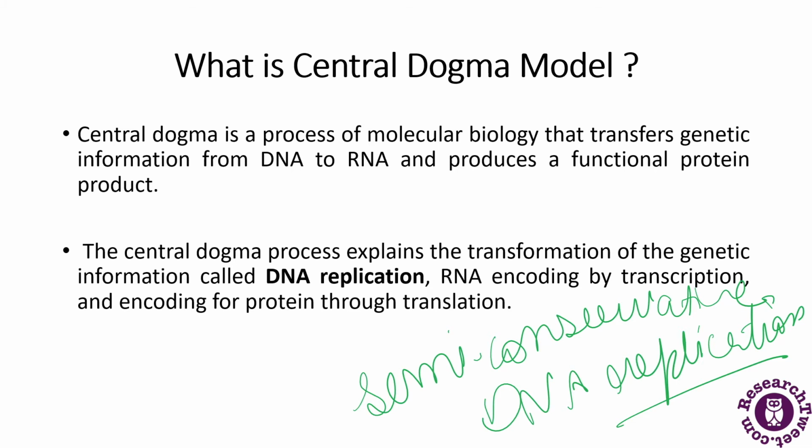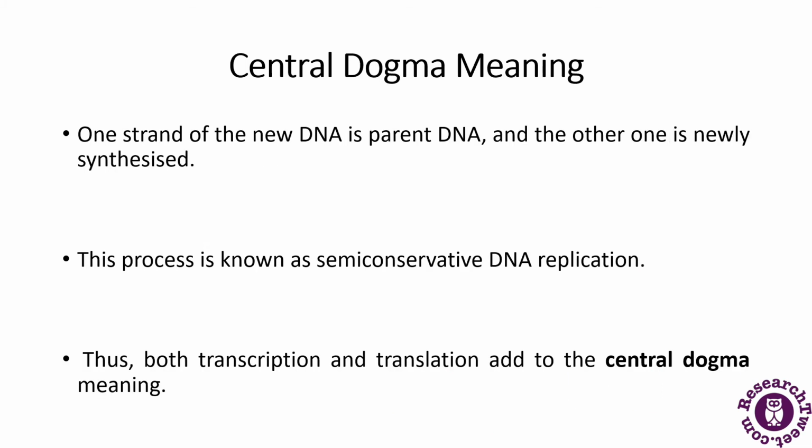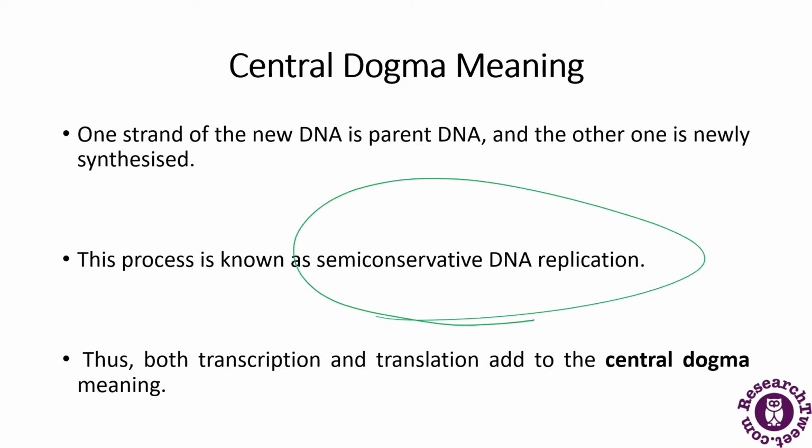Now what are the steps that occur in the central dogma model? One strand of the new DNA is the parent DNA, and the other is newly synthesized. This is semi-conservative DNA replication, and transcription and translation are the central dogma model. The meaning of the central dogma model comes from both processes, transcription and translation.